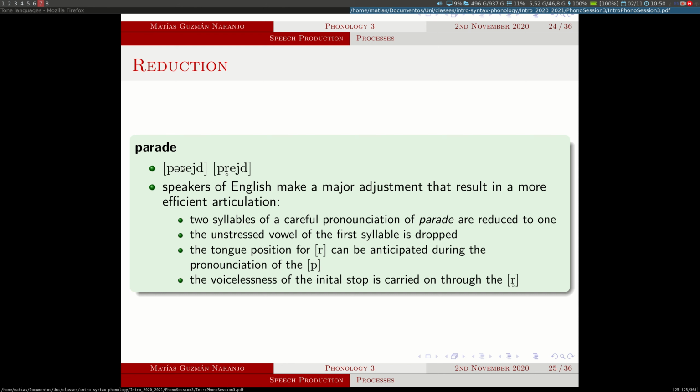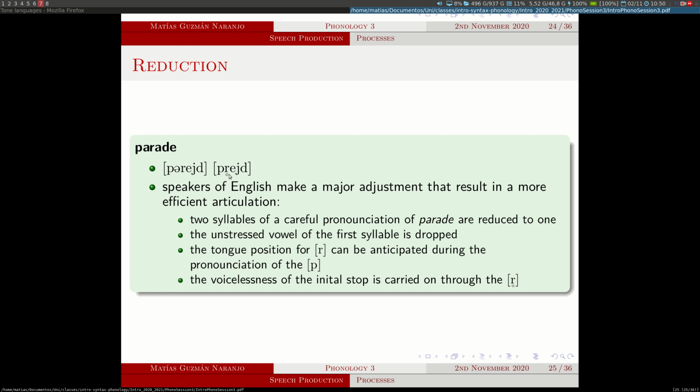Here I'm using this incorrect symbol, but it's an r in English. You can drop the schwa, which is unstressed and very short, and you can join together the p and the r, and because they are together, the r becomes devoiced. Recall that this is the devoicing symbol.